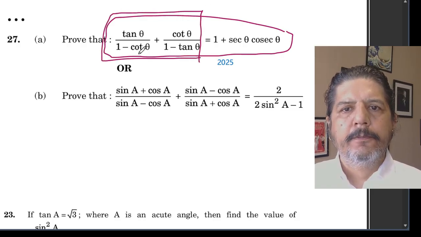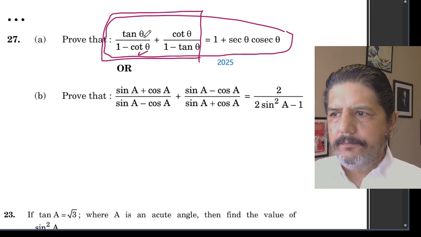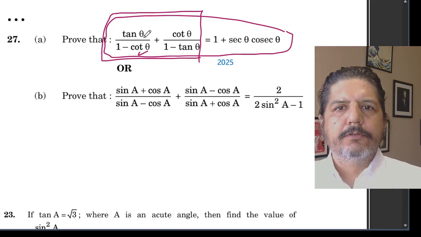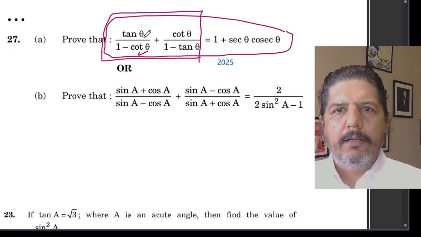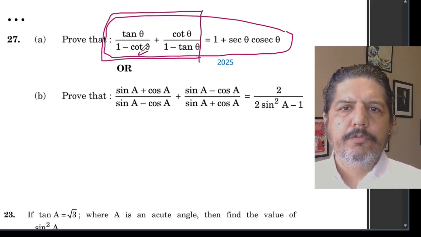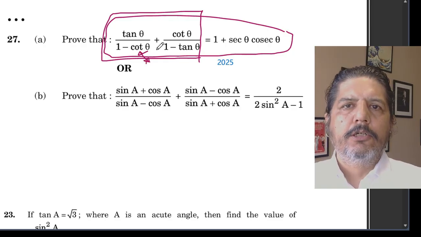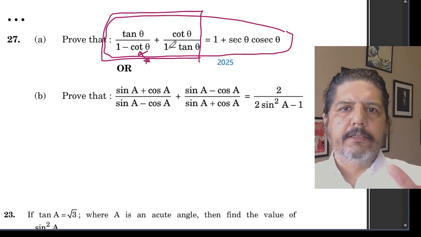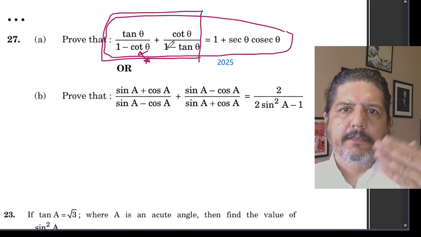I'll try to reduce this cot theta to tan theta, so that on the left hand side we'll only have tan thetas, and then we'll try to understand what is happening.